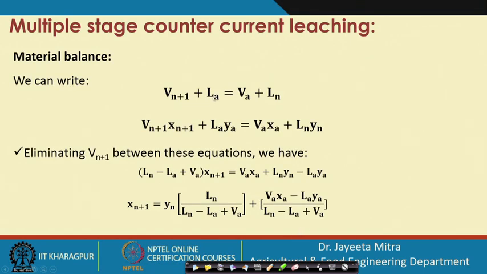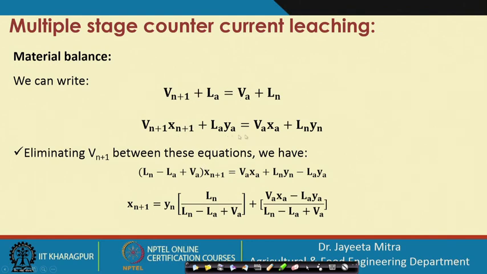So, V n plus 1 plus L A is equal to V A plus L n. Okay. So, whatever solvent entered into n plus 1 plus whatever slurry entered into the first one will be equal to whatever slurry came out from the n plus 1th and what is the overflow came from the first one.